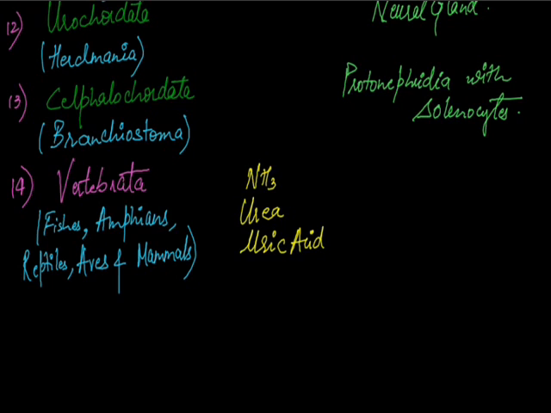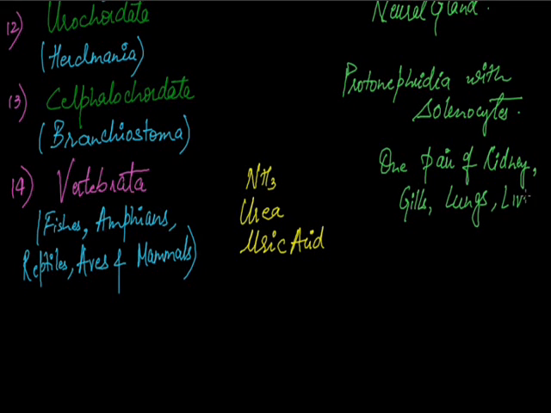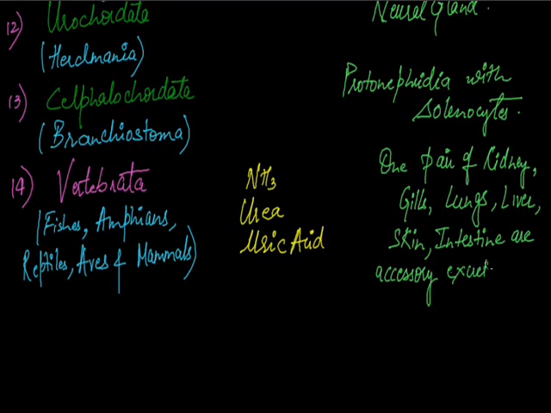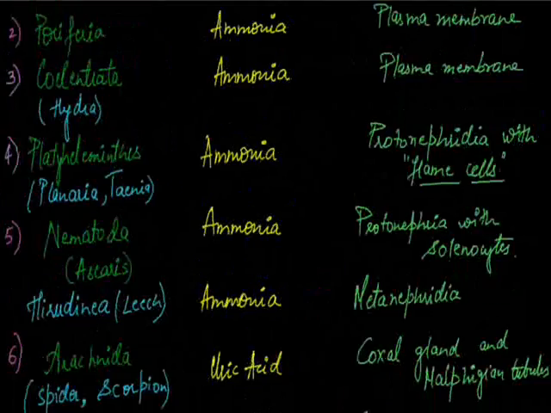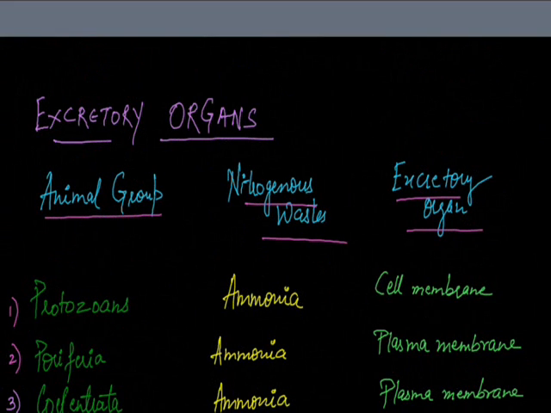For the organ part, they have one pair of kidneys; gills, lungs, liver, skin, intestine are accessory excretory organs. So this is about the different excretory organs of different animal groups with the nitrogenous waste.